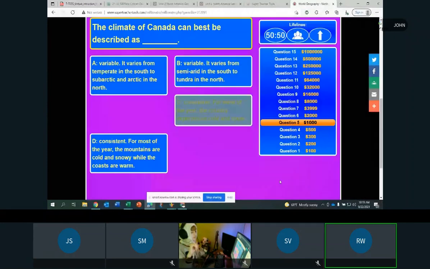The climate of Canada can best be described as A. Variable. It varies from temperate in the south to subarctic and Arctic in the north. B. Variable. It varies from semi-arid in the south to tundra in the north. C. Consistent. For most of the year, the country experiences cold and snow. Or D. Consistent.